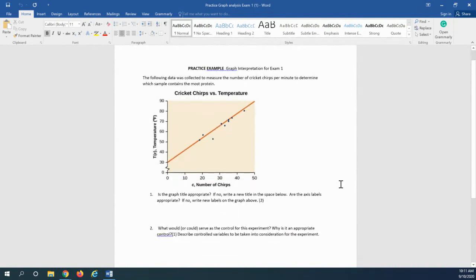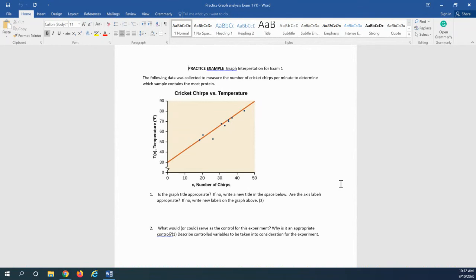So is the graph title appropriate? Cricket chirps versus temperature, that's an okay title, but I think we could be more specific, like predicting the temperature based on the frequency of cricket chirps or something like that.